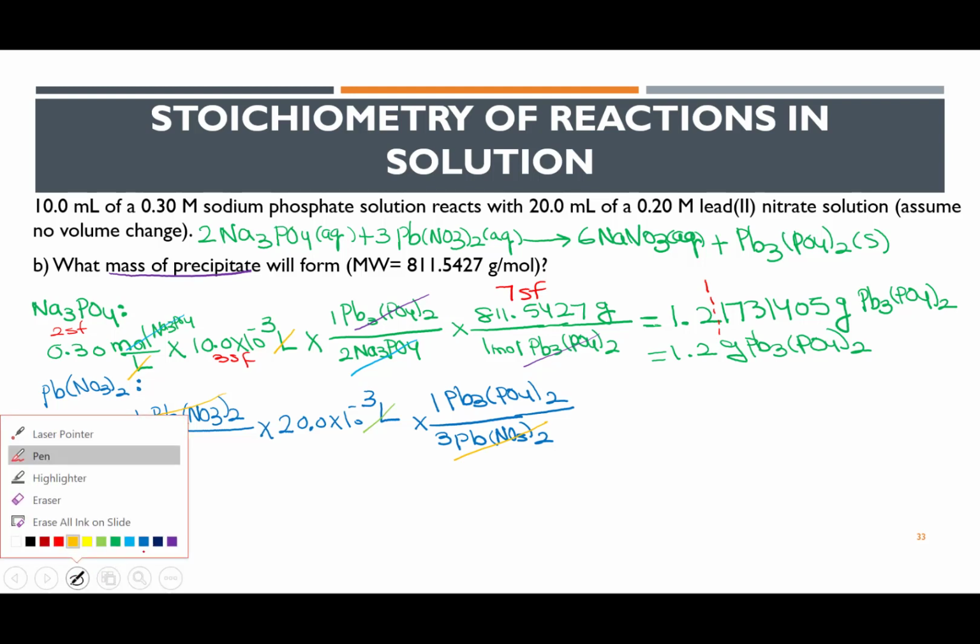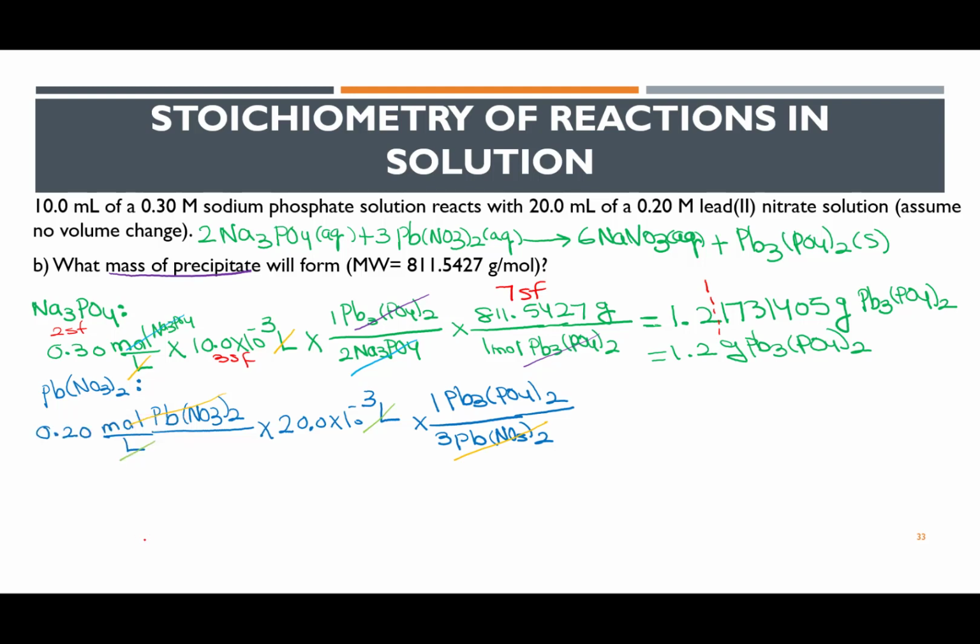And last, we want to find the mass of lead 2 phosphate, which we're going to use the molar mass of lead 2 phosphate and convert its mole to its mass. Okay, 1 mole of lead 2 phosphate is 811.5427 grams.